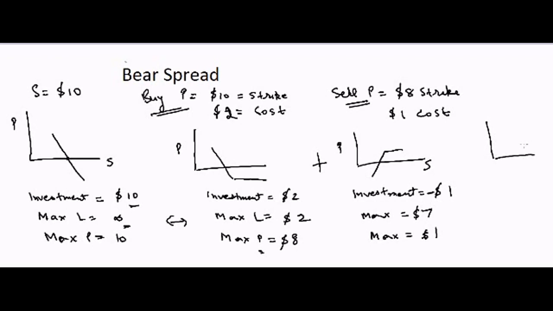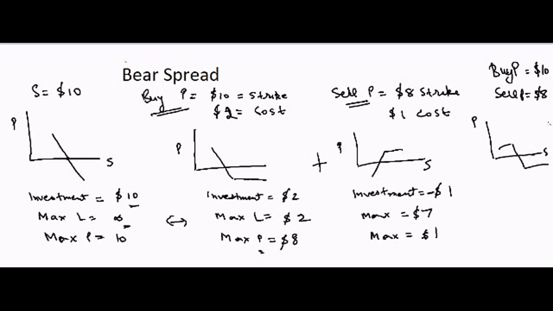In the bear spread, we have protection against the losses, and profit if the stock goes down. It will look like this. In this case we have both of these scenarios together. So we buy the put and sell the put: buy put at strike 10, and sell put at strike 8, right?